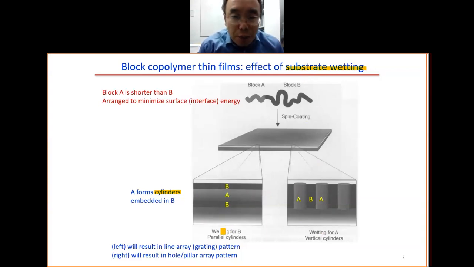For example, if the substrate wets B, then you form BAB, and the cylinder lies along the wafer surface. If the substrate wets A, the cylinder will be perpendicular. But this is the case for the cylinder embedded in B.